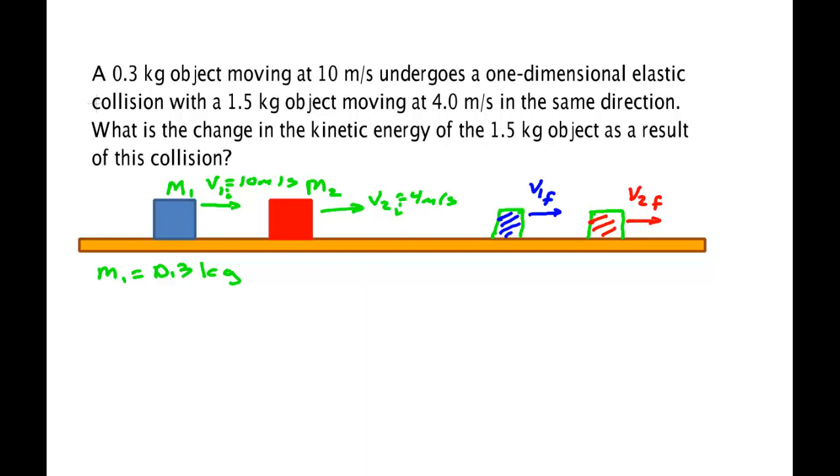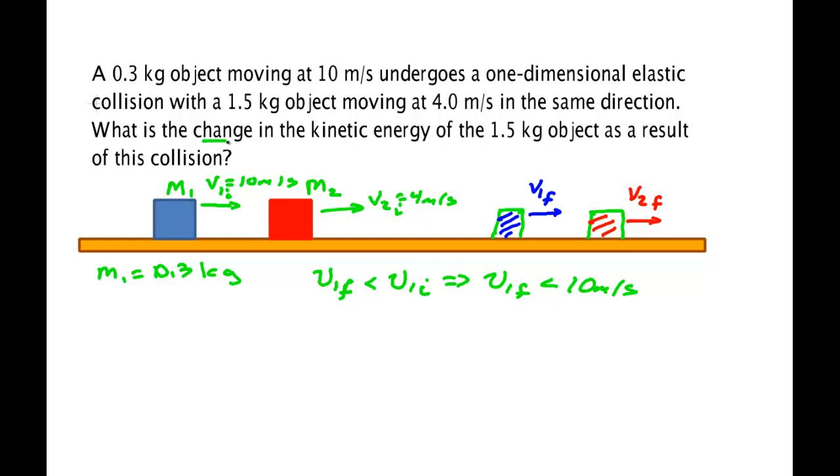One thing that I do know is that V1F has got to be less than V1I, which was 10 meters per second, because when it hits this red block, it will apply a force, and that force will decelerate this red block. Now, let's see what else we know about this thing.